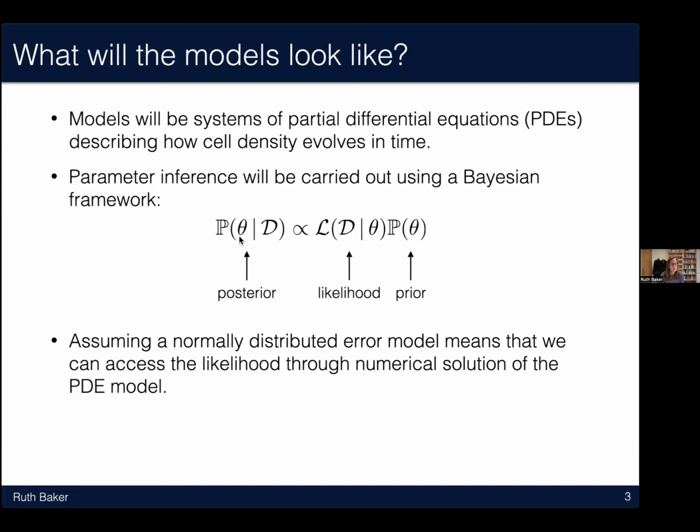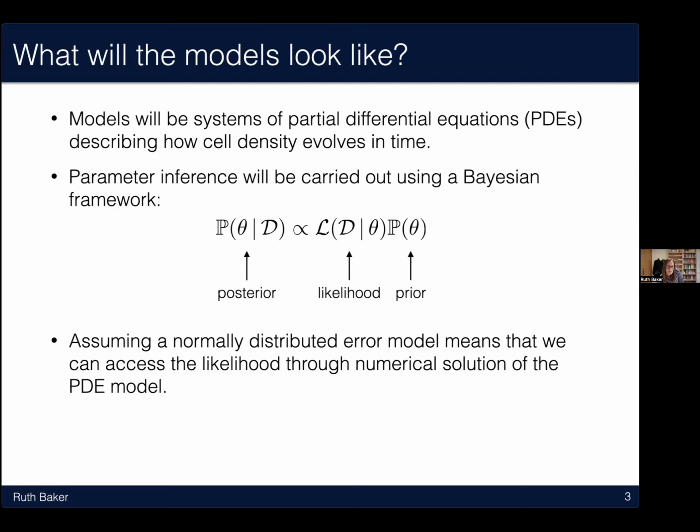So it's the probability of model parameters theta given the data D, and we are going to access that via the likelihood, which is the likelihood of the data given the parameters, and the prior distribution that just represents any previous knowledge we might have about these parameters. And most of the time, I'm going to assume that it's what I would call an uninformed prior, so I don't have much idea about previous parameter values.